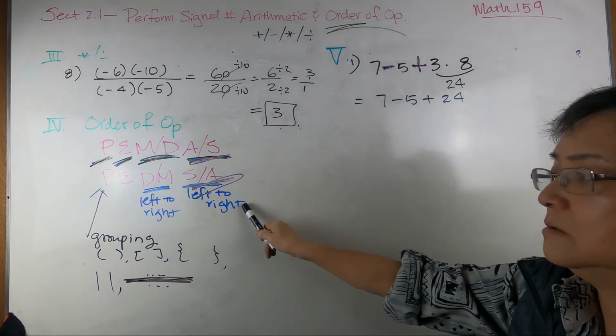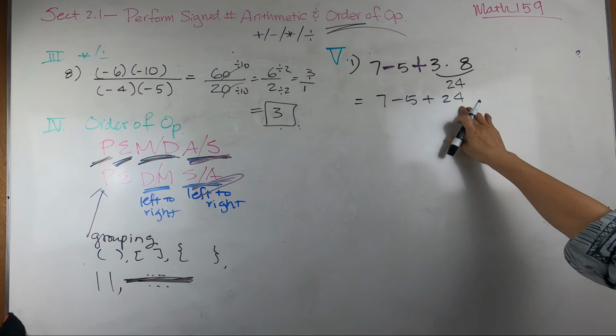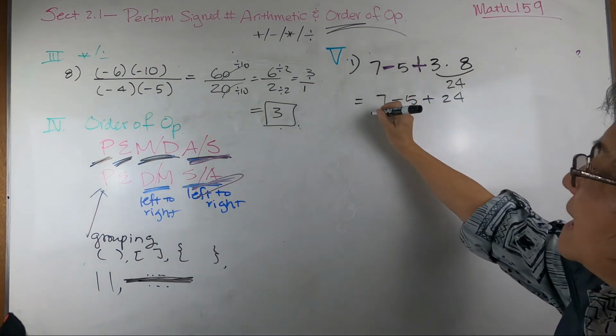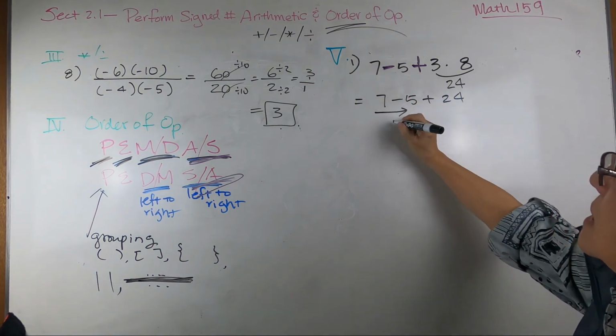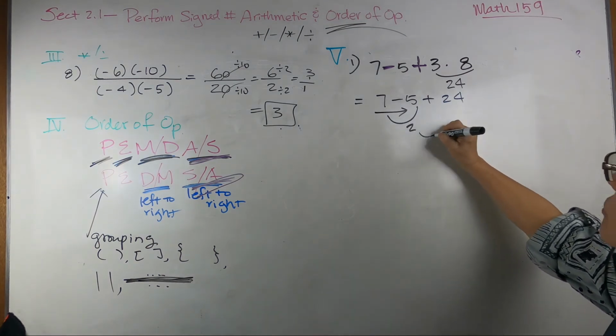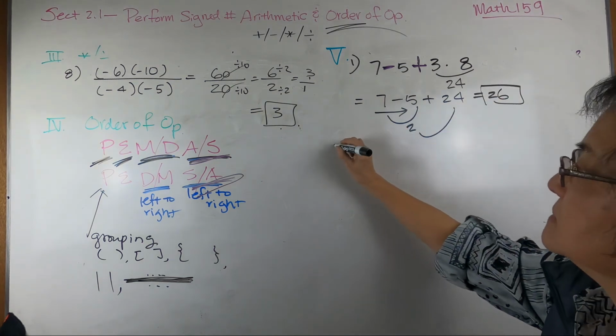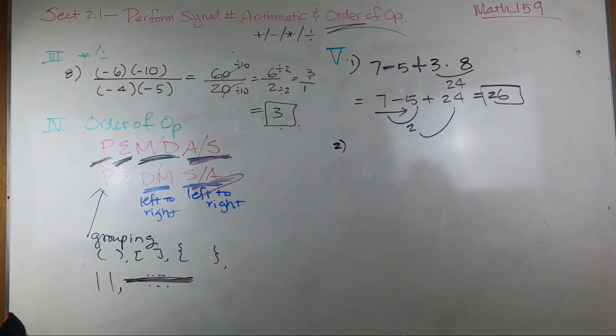We say you have to do it left to right. So you don't do addition first. You do it from left to right. So 7 minus 5 is what? 2. Then 2 plus 24, you should get 26. Right?